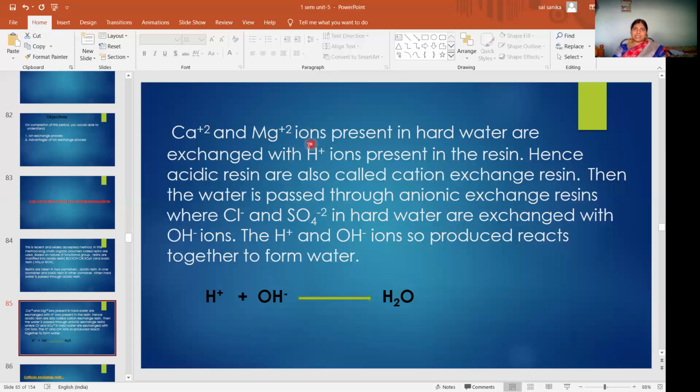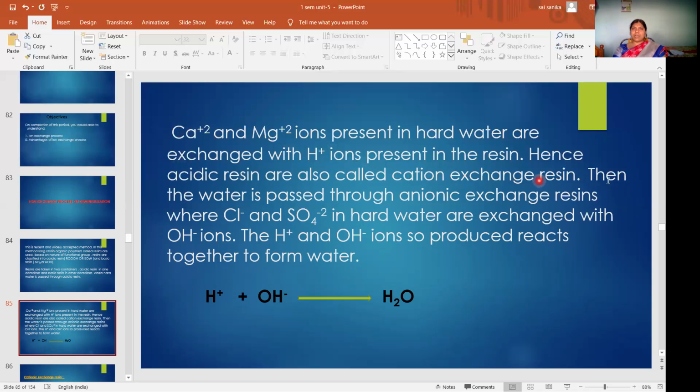The acidic resin is exchanging cations present in the hard water. With what are they exchanging? With H plus ions. That means the acidic resin will take these two ions and liberate H plus ions.